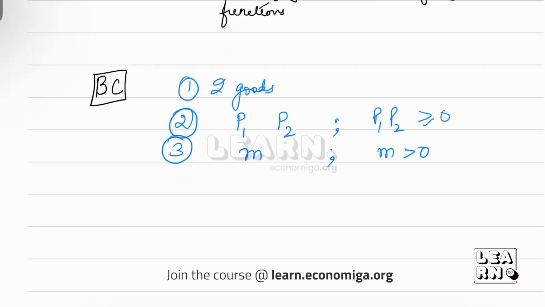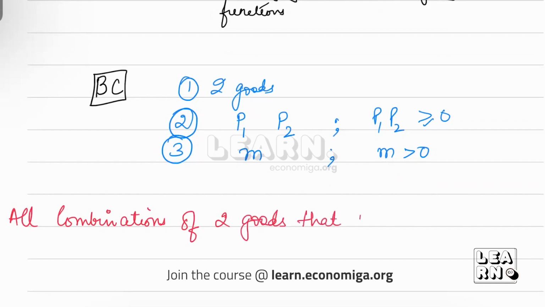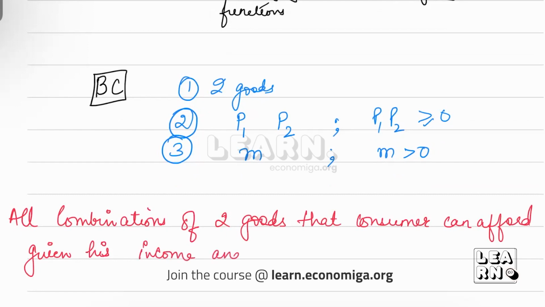In that case, the budget constraint gives you all combinations of two goods that the consumer can afford given his income and prices, right?